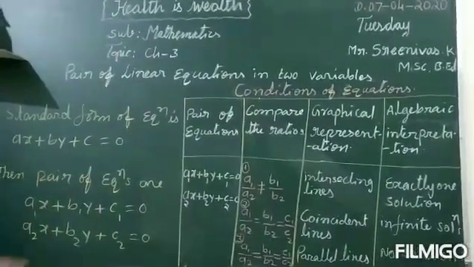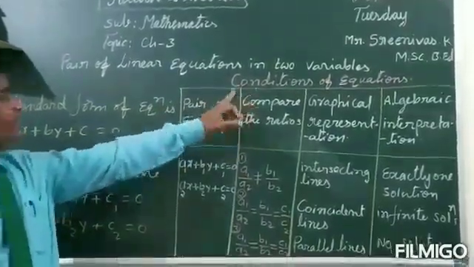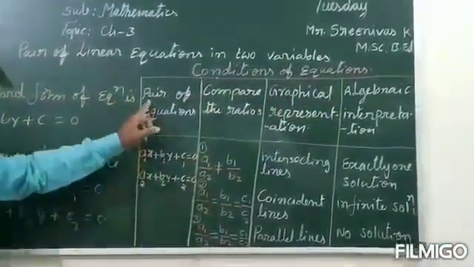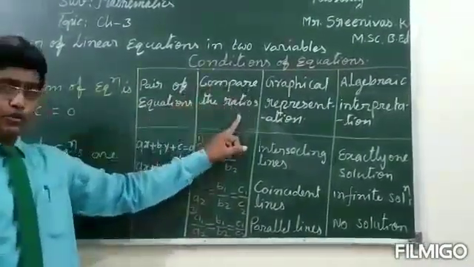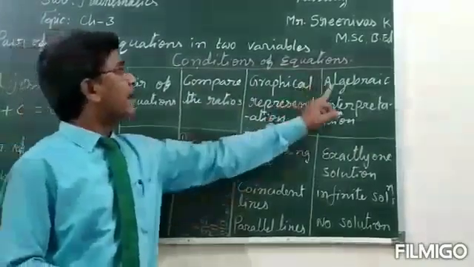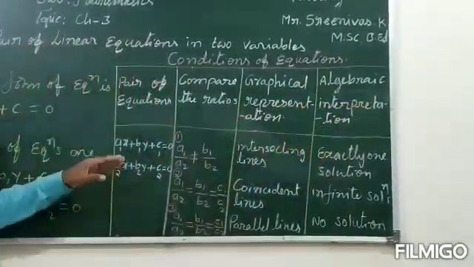I will follow the table you see on the board. I have written the conditions here, conditions of equations. So you see this table here. It has first, pair of equations, compare the ratios, graphical representation of the equation, algebraic interpretation of the equation. So we will go one by one here.